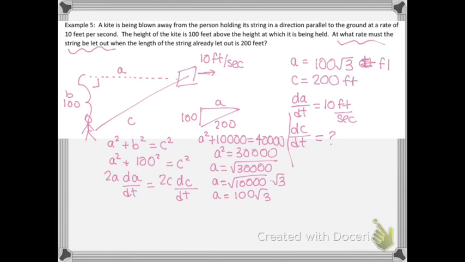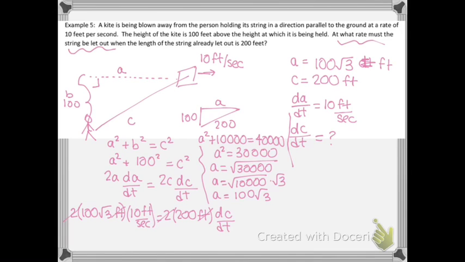Okay, so plugging in, we have 2 times this A value we just found. I'm going to move this line out of my way. Okay, so we can do a little canceling now. So I'm going to cancel those 2's out of both sides. I can divide both sides by one of the feet, so those cancel.